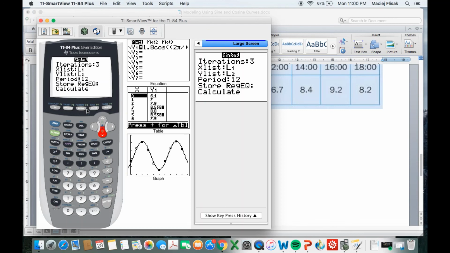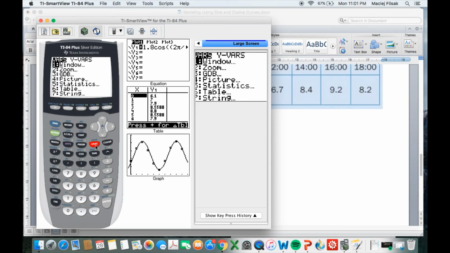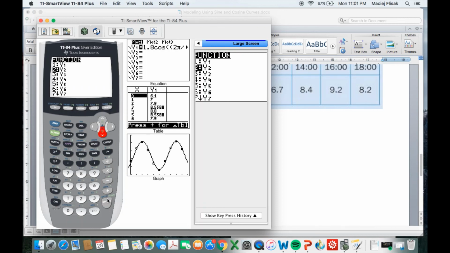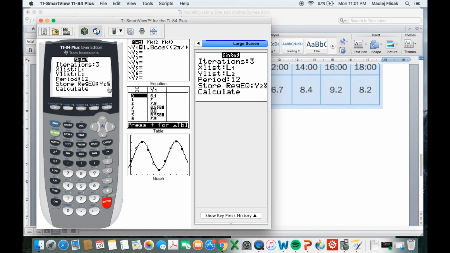So I want to store it in one of the y equations. You're going to go vars, y vars, function, number 1. We already have an equation in y1, which is the cosine model we made, so I'm going to put it in y2.